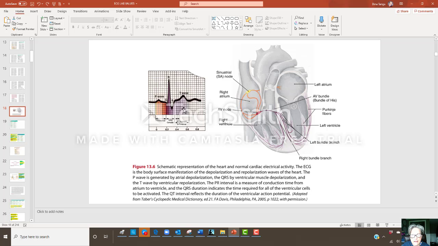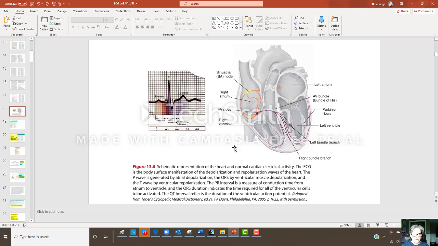The T wave, where it gets lighter purple, is ventricular repolarization. So the dark purple here is ventricular muscle depolarization, and then the lighter purple here is the T wave, ventricular repolarization.